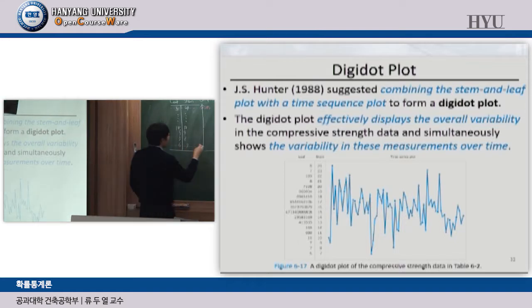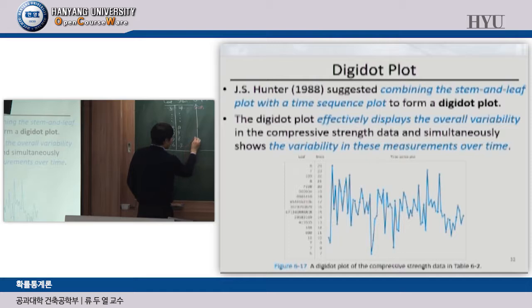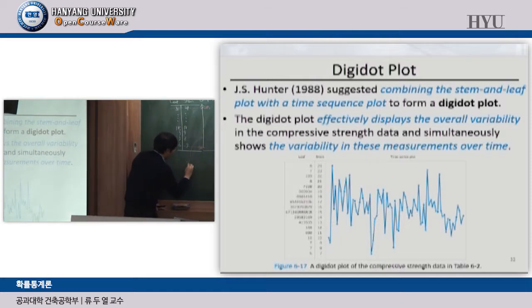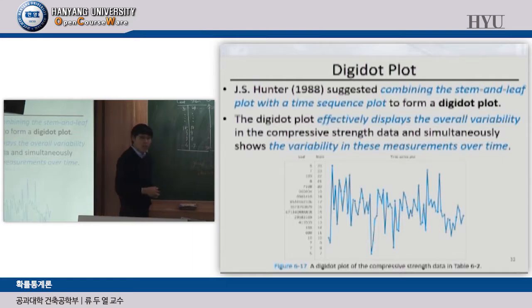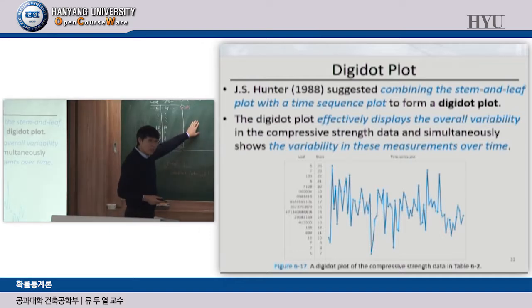And for this case, we need to assume that this y-axis has identical interval. Okay? And then we can draw the data point according to the time. Okay?